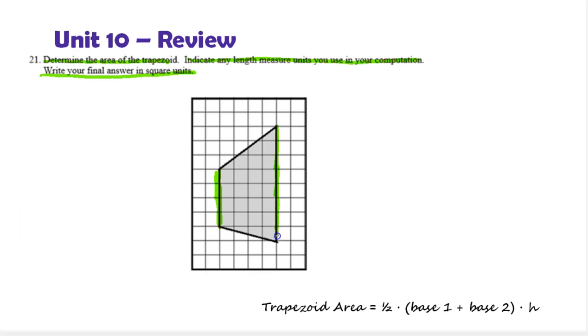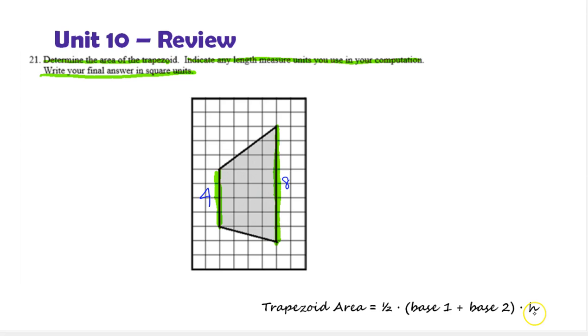With trapezoids, they would have different lengths, unless they were rectangles, and then we'd call them rectangles. Here this base is 1, 2, 3, 4, and this base is 1, 2, 3, 4, 5, 6, 7, 8. So we have our two bases.